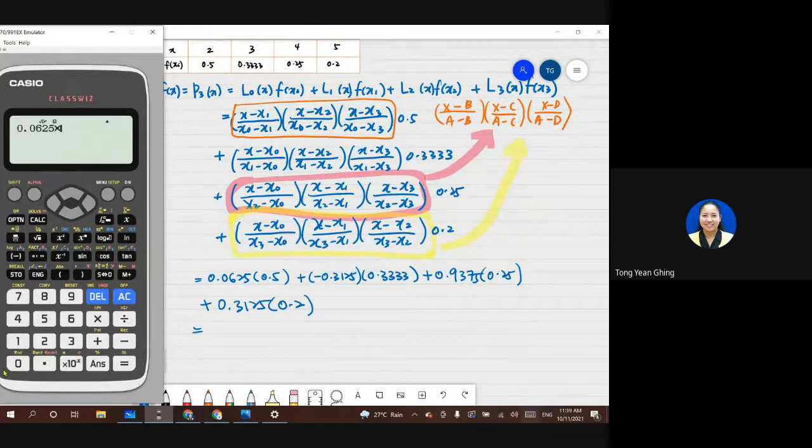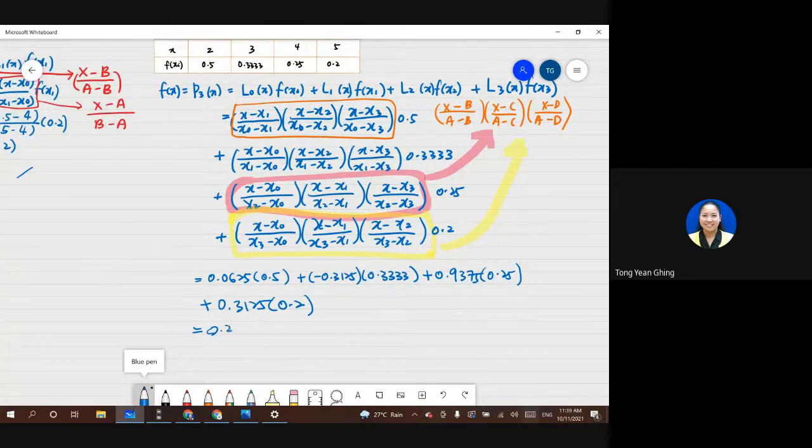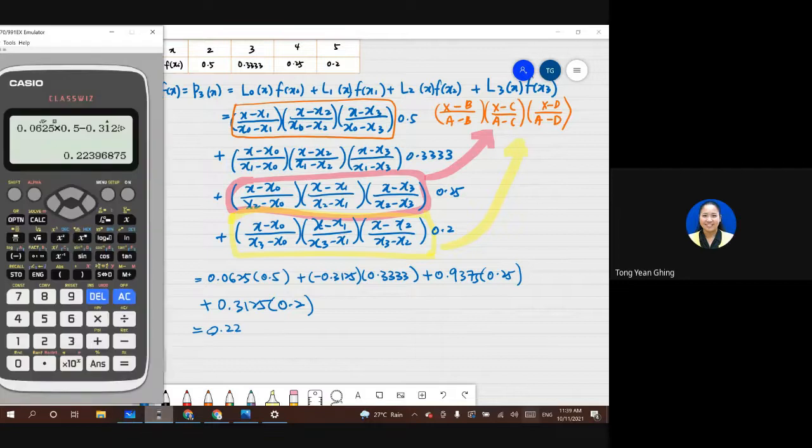0.0625 times 0.5 minus 0.3125 times 0.3333 plus 0.9375 times with 0.25 plus with 0.3125 times with 0.2. So you get the value is 0.2239.